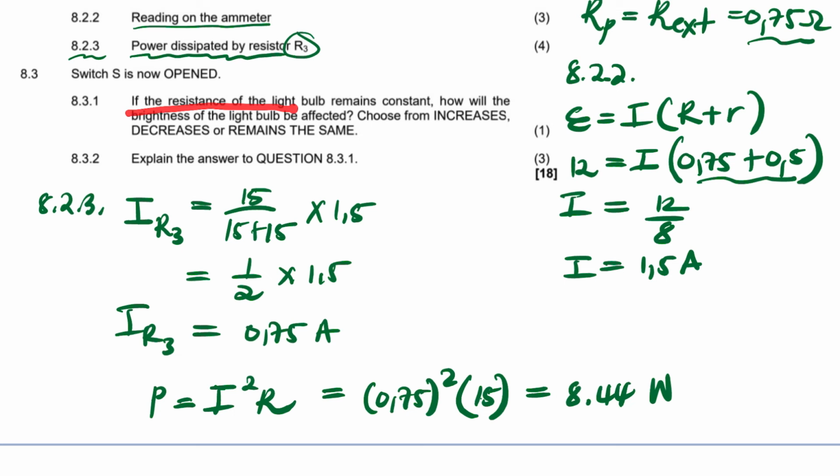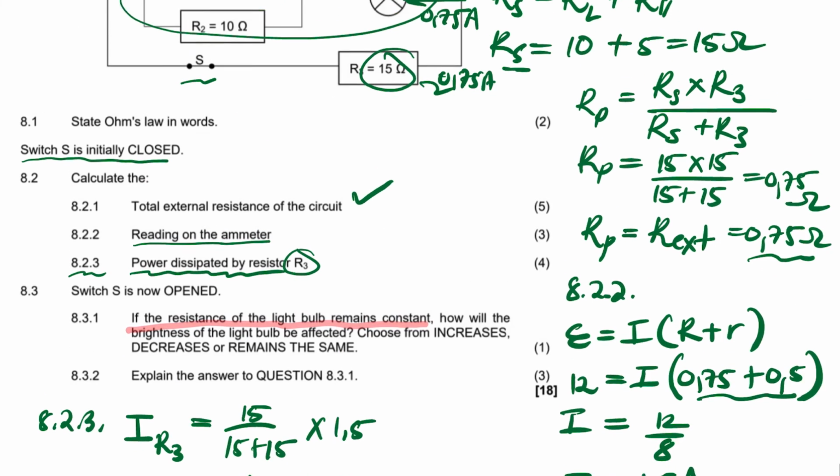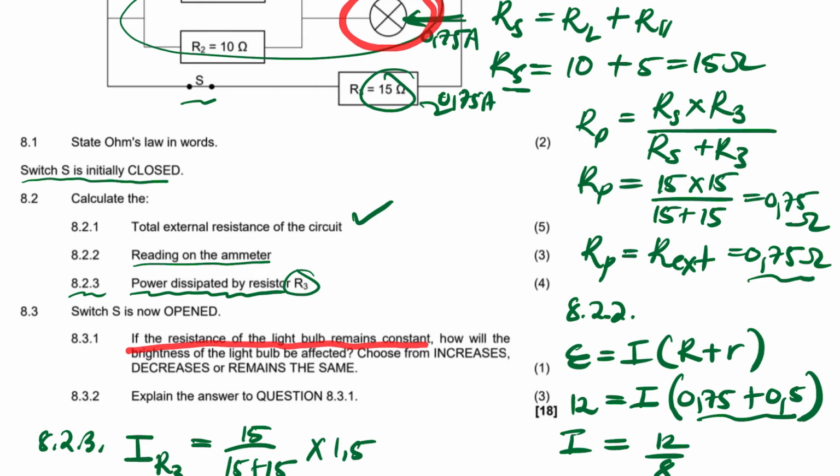If the resistance of the light bulb remains constant, which is this resistance is not going to change in this light bulb, it's going to remain as 10. Now it says if the resistance of the light bulb remains constant, how will the brightness of the bulb be affected? Choose increase or decrease or remain the same.